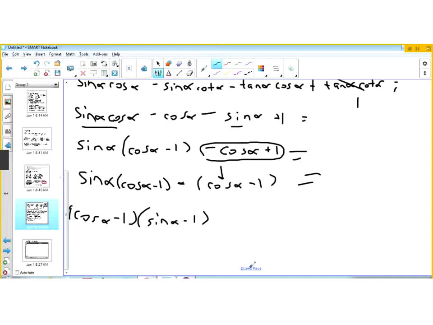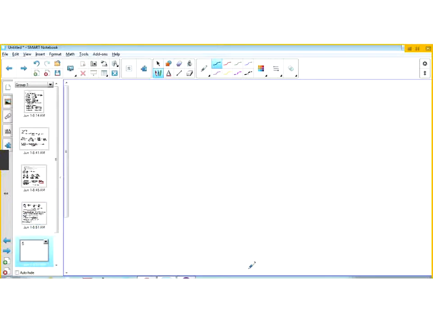All right, so let's do another one. How about we want to prove this identity? The sine of x over 1 minus cosine x minus the cotangent of x is equal to the cosecant of x.